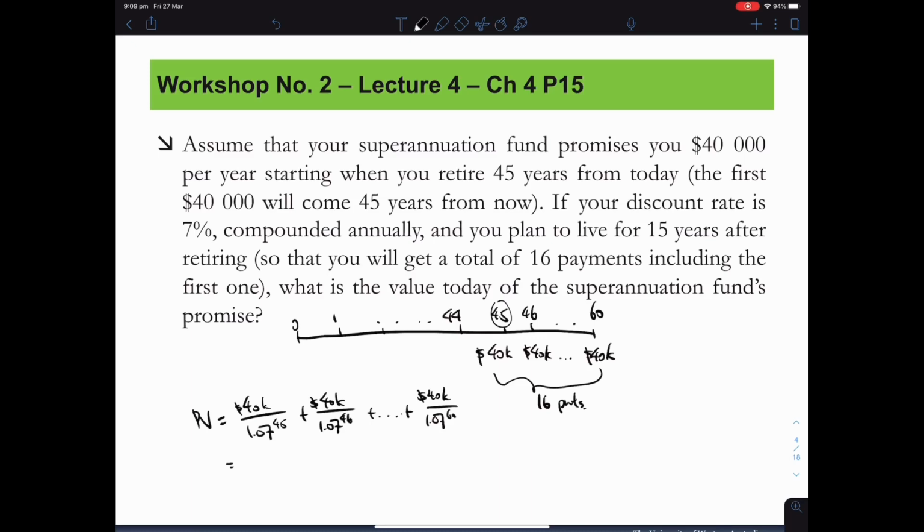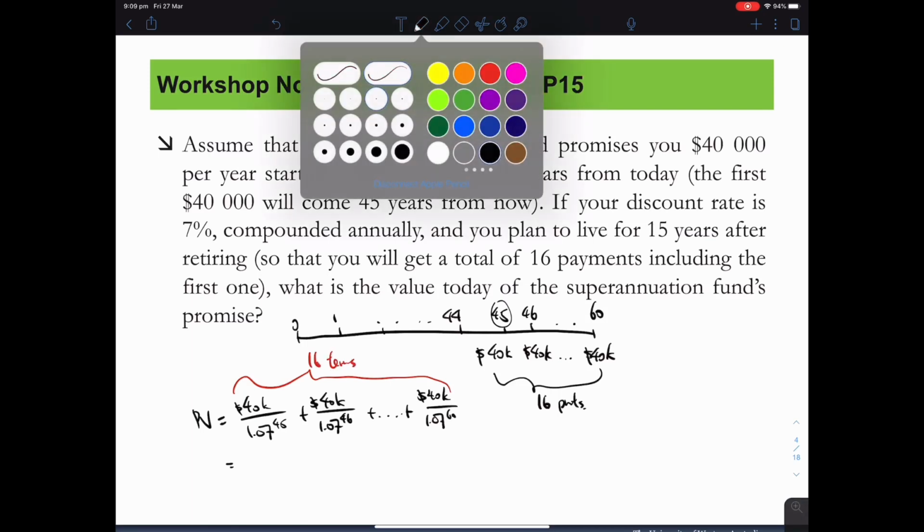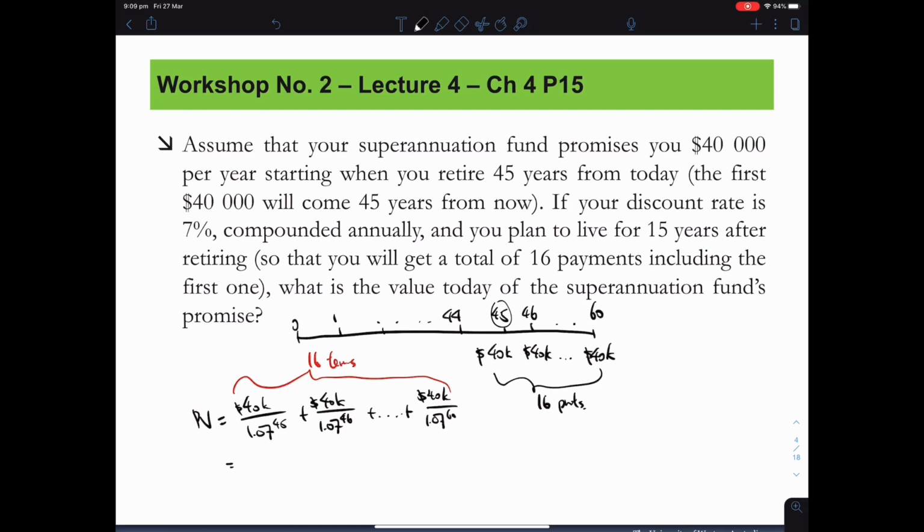It's pretty massive because there are 16 terms. The answer will be the same as what we get using an alternative way. The answer is $19,250.92. That isn't much. Jeez, that actually looks smaller than each payment.